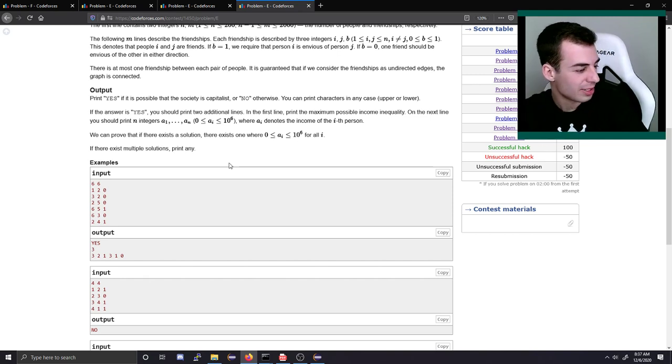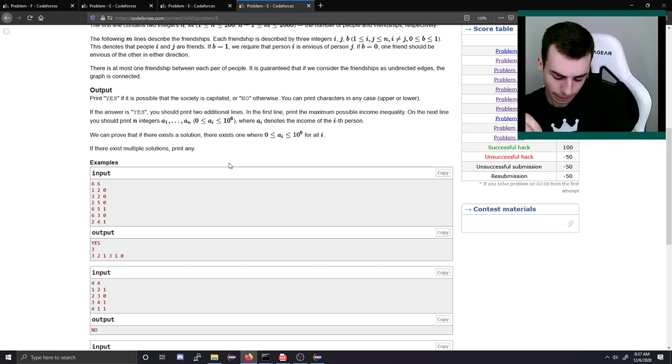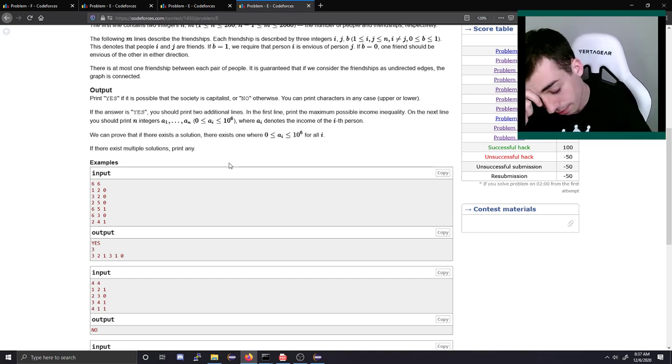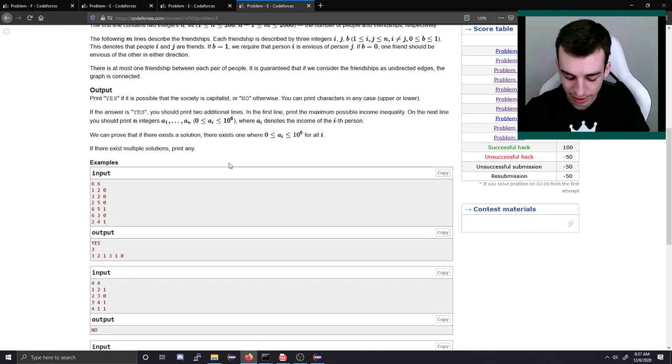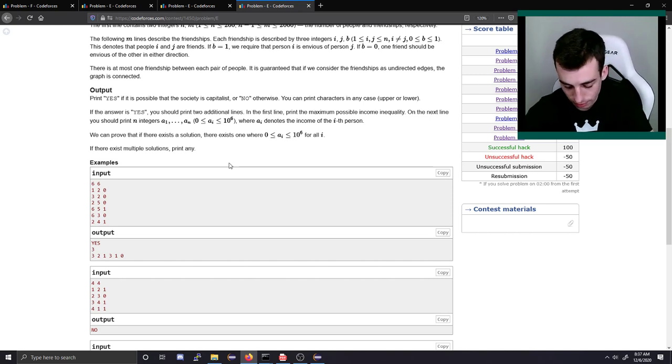Man, it just seems like there's so many steps to take. I don't know which one to take. There's definitely something going on here that I don't see. Like, there's this graph with a lot of properties. What properties are there? It's bipartite. We have a bipartite graph. We want to direct some of the edges.